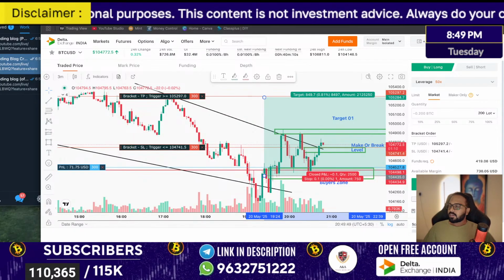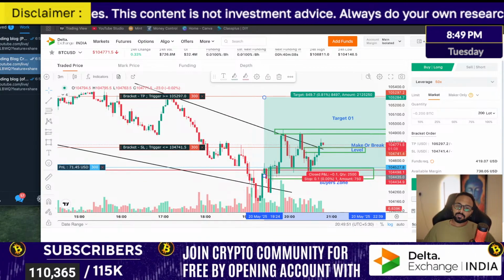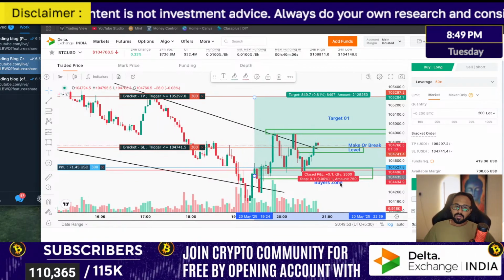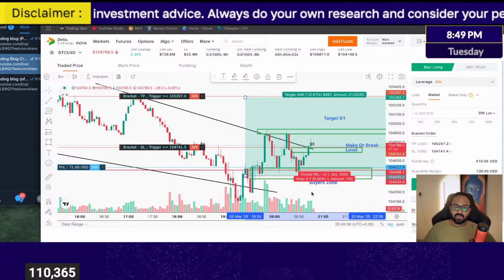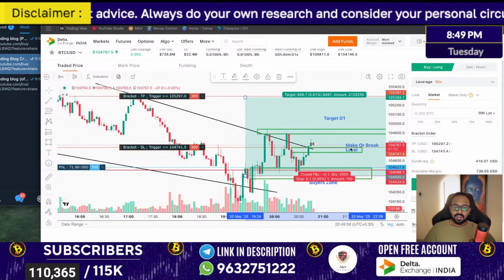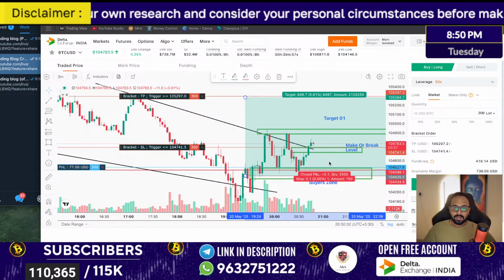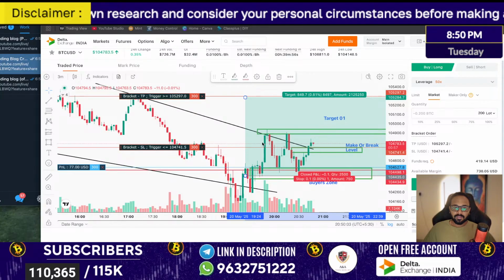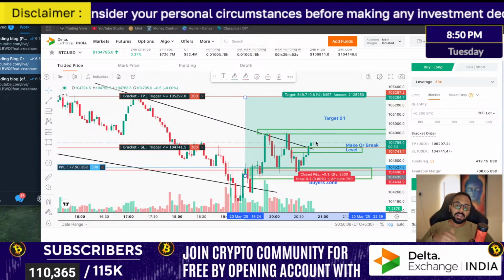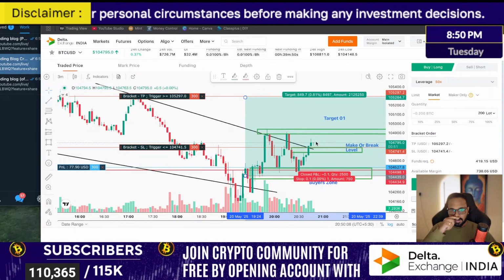Nothing promising, traders. We're just playing near the target one buying pressure zone and make or break levels. Here only, with this data, whatever information we're getting within this data only we are planning our entry and things like that.